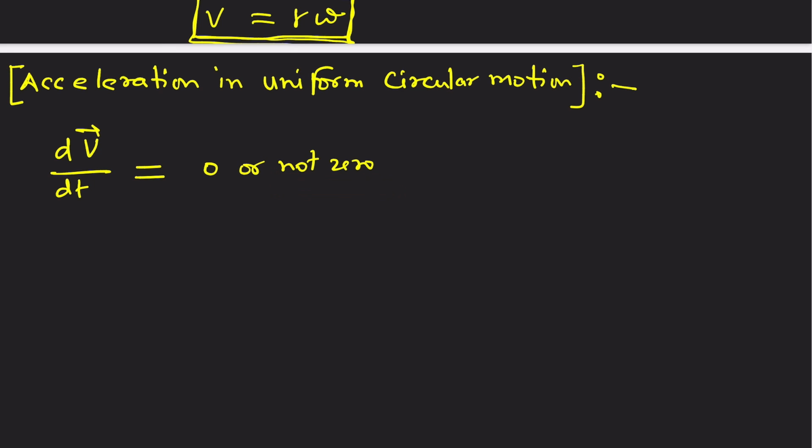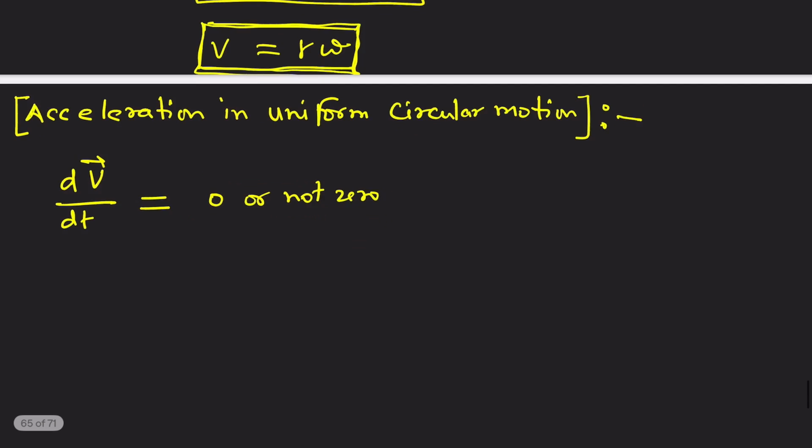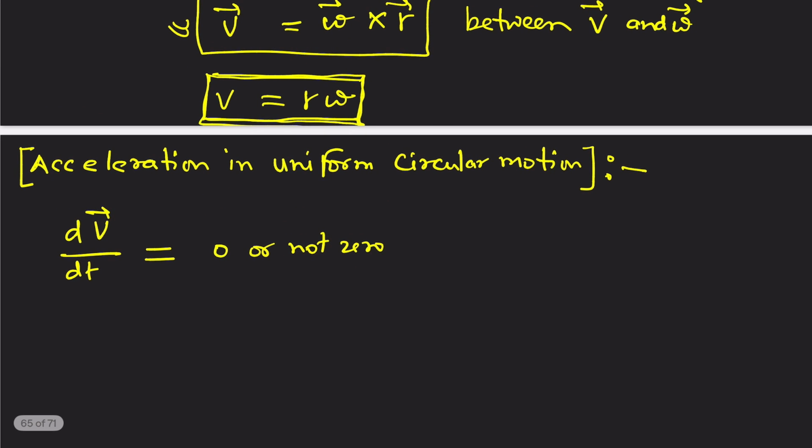You will say, sir, speed is not changing, then why is it not 0? That could be a very genuine doubt that a student might have. So guys, try to understand, we are talking about the rate of change of the velocity vector, not the rate of change of the magnitude of velocity.